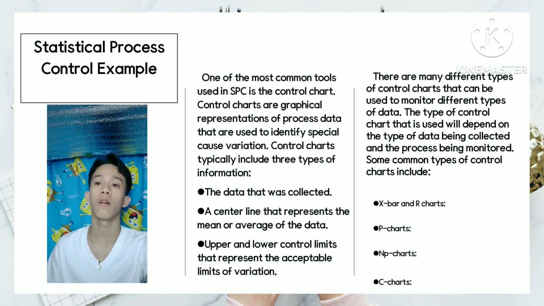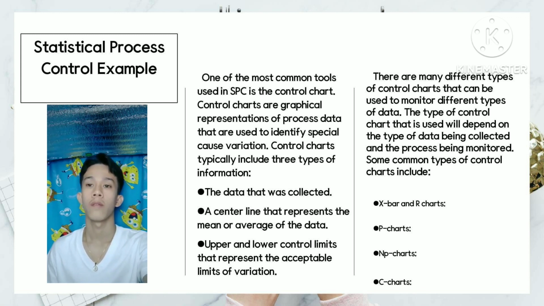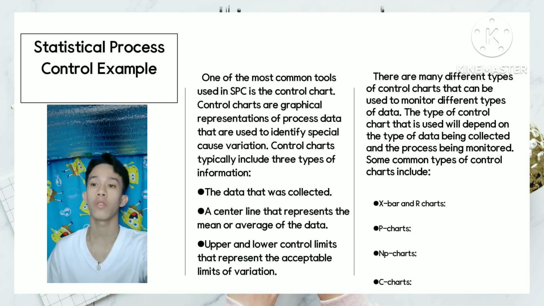Some common types of control charts include X bar chart, R chart, and X bar R charts. These charts are used to monitor continuous data that can be measured on a scale. Examples of this type of data include length, weight, temperature, and so on.